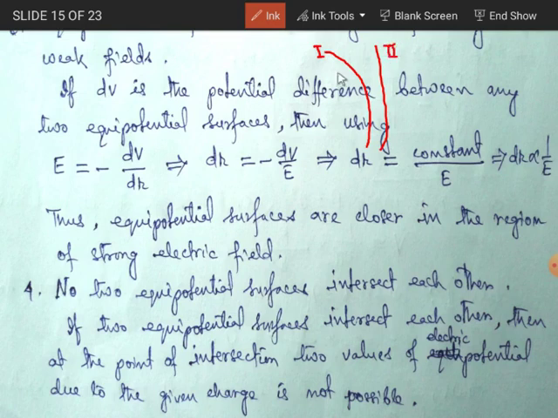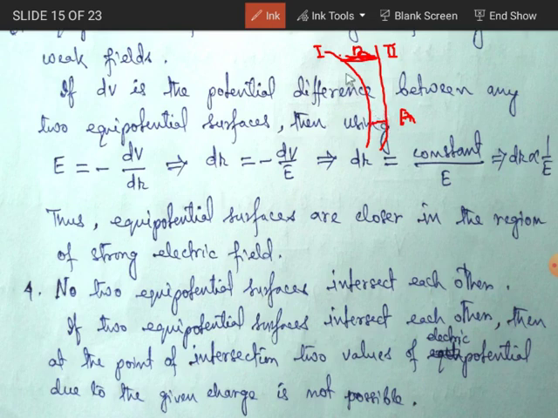At some region here, the distance between these two equipotential surfaces is more. Somewhere here the distance is less. Less distance means the field is stronger here than there. So at a point A, and at some region B, B is weaker in electric field than region A.